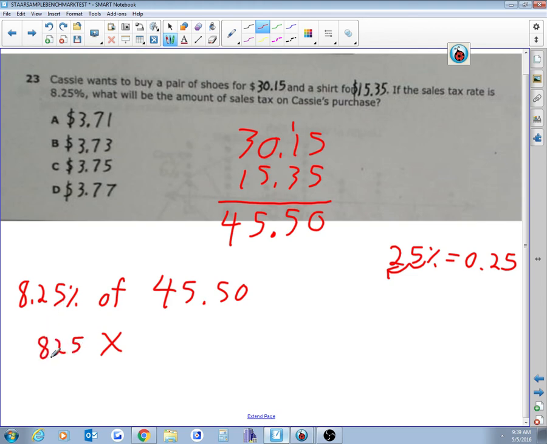We're starting here and going twice to the left. So 1, 2, the decimal now goes there, and we fill this in with a 0. So we've got 0.0825 times 45.50 will give us our solution.